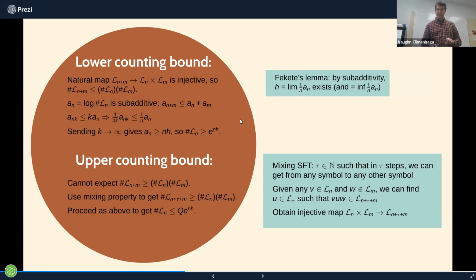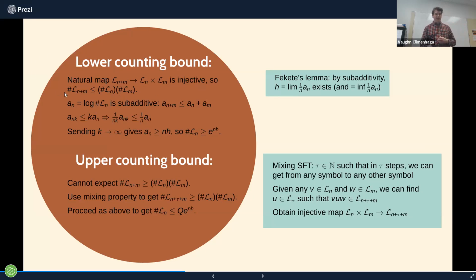It's almost verbatim the same. The fact that submultiplicativity of the size of the language, the number of long words is less than or equal to the product of the numbers of short words, lets you use Fekete's lemma, lets you get this uniform lower count. To get a uniform upper counting bound via this kind of argument, you would need to reverse the inequality.